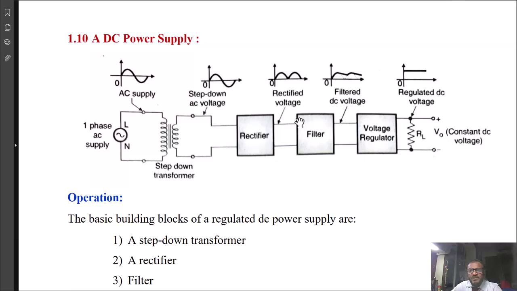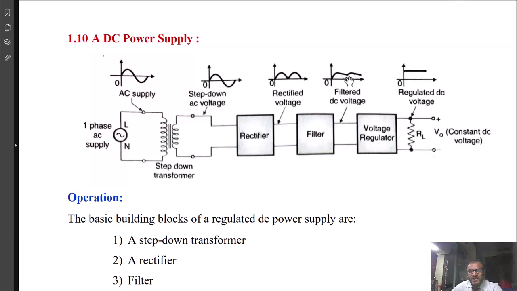The function of the filter is to filter out the ripple component and pass only the DC component at the output. If the filter is a simple capacitor filter, then this capacitor will be charged to the peak value, and when the rectifier diodes are in the off state, the capacitor will serve the load and therefore you get the discharging of the capacitor.